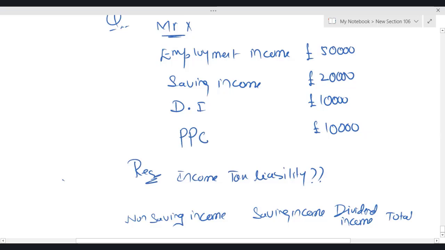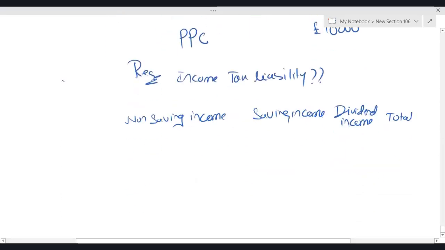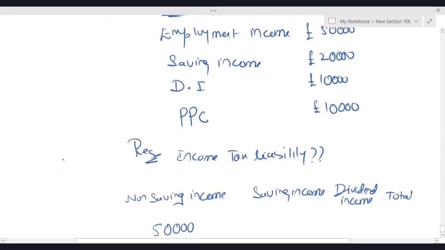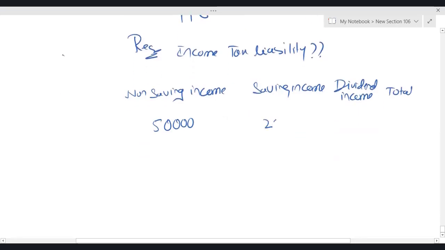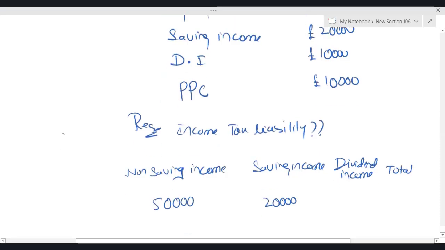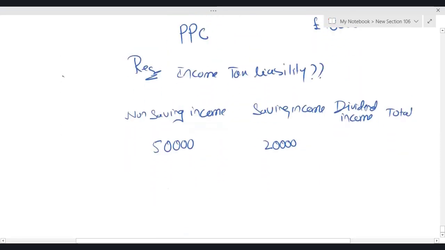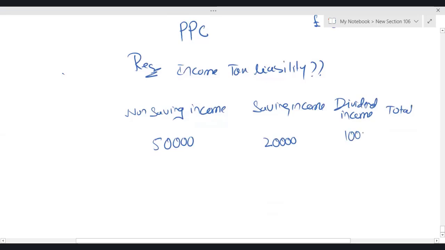Non-saving income is 50,000. Employment income is non-saving income, no doubt about it. Saving is 20,000. And dividend income is 10,000. Total is 80,000. Personal allowance, obviously, we need to deduct from the non-saving: 12,570.